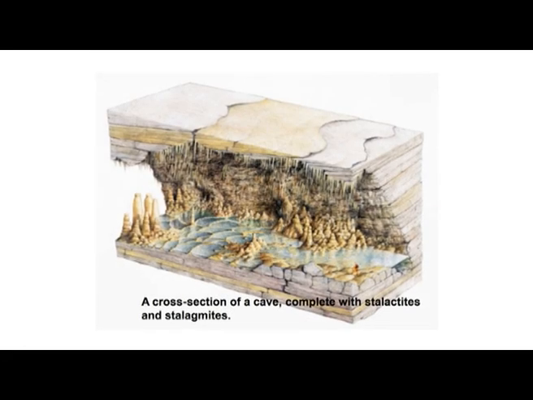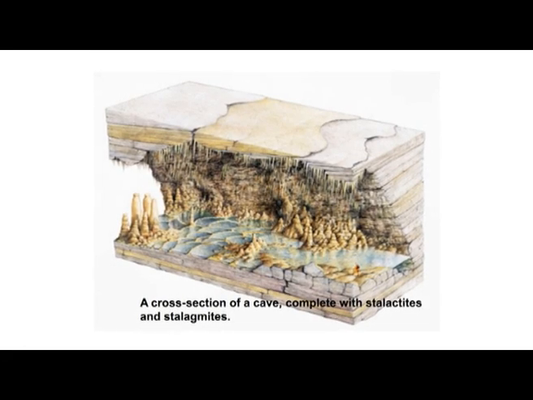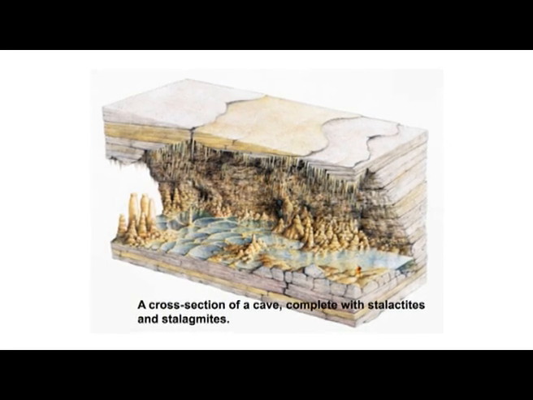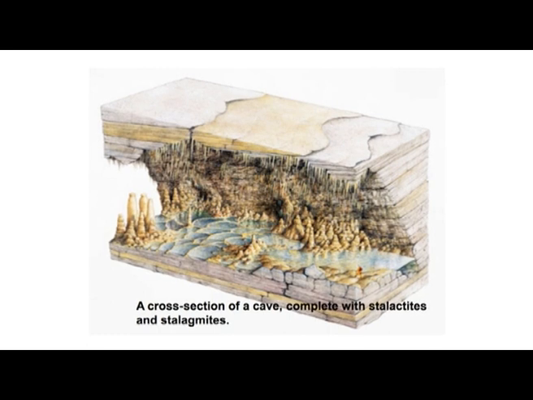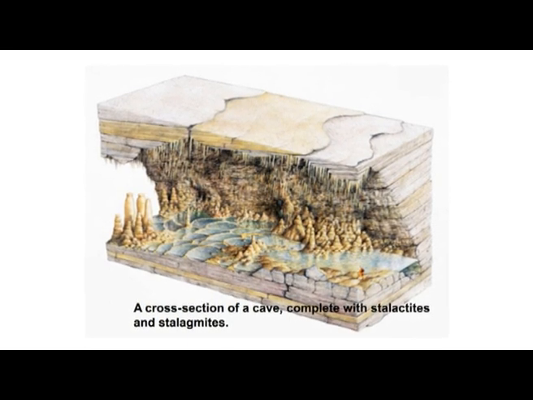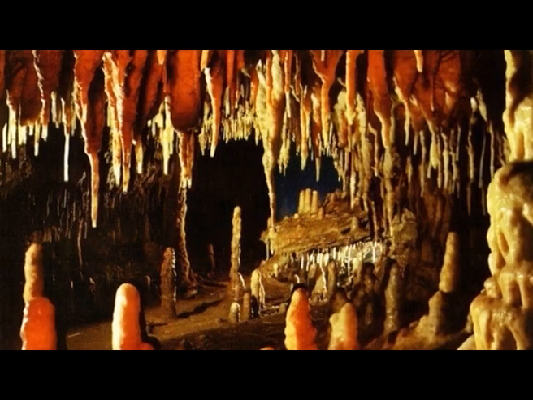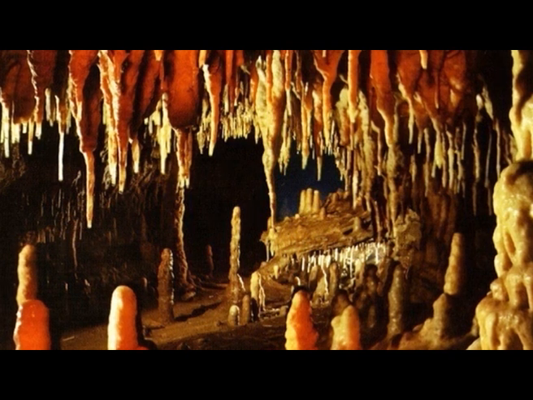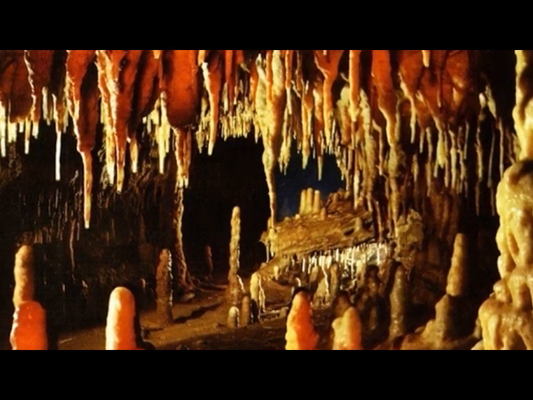This is also a cross section of a cave complete with stalactites and stalagmites. You can see so many stalactites and stalagmites growing from the roof and from the floor. This is also another picture. The entire thing is a cave and water is stored within this cave.